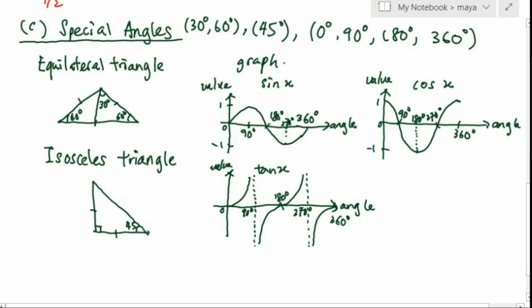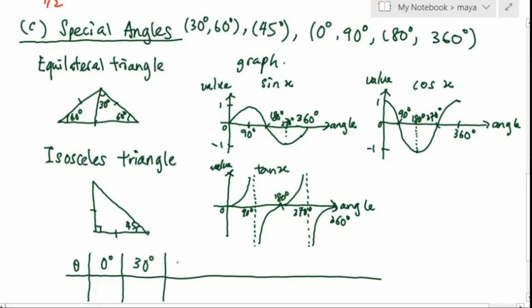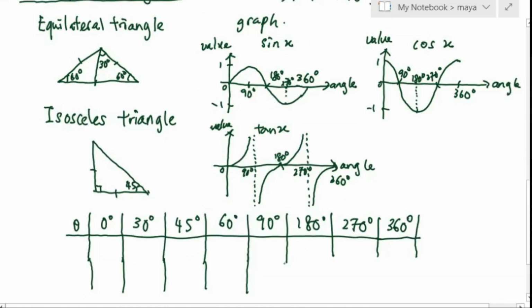So this is how we meet our special angle, 0, 90 degree, and 180 and 360. So now I can do a table to summarize all these special angles. So I will have angles of 0, 30, 45, 60, 90, 180, 270, and lastly 360.